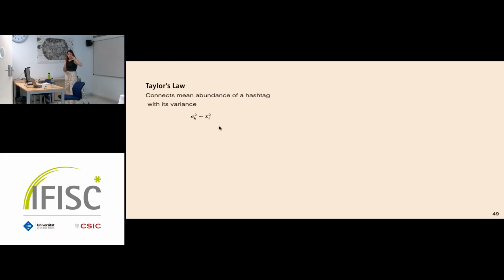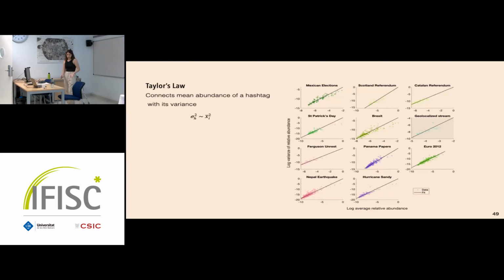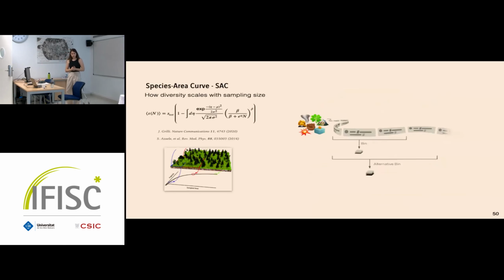And what we obtain if we plot the logarithm of the mean abundance with the variance, we will recover a slope of this exponent 2, which has also been found in other human structures, like for example economical firms with their sizes and those things.